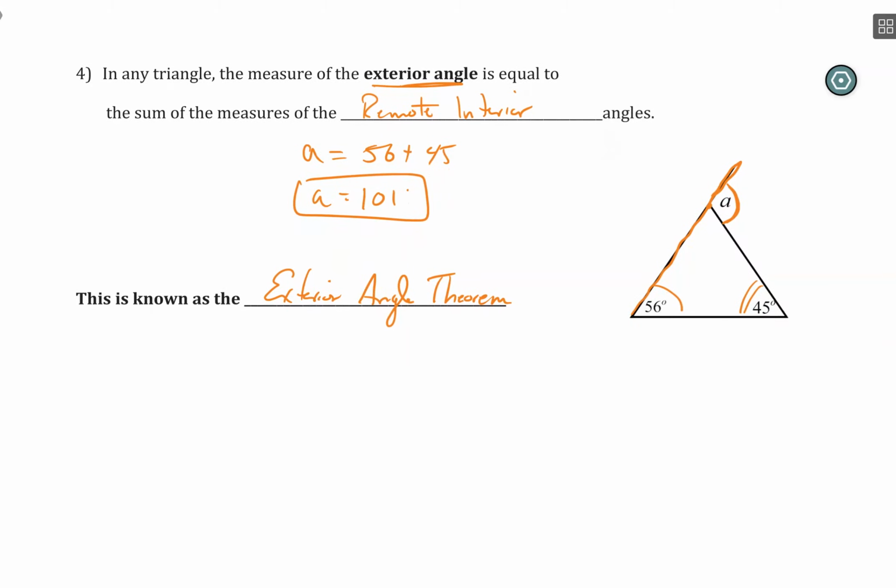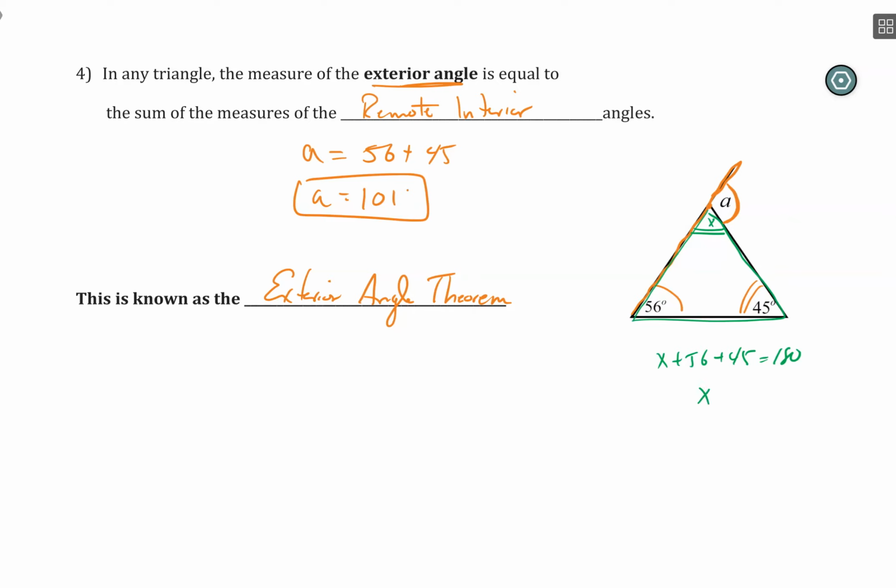Now, the one good thing is if you didn't know that or you forgot it, you can still get there. Because we could figure out this angle right here, this other third angle. 56 plus 45 plus this missing angle, I'll call it x here, would give me the three angles in a triangle, and we know they have to add up to 180. So it would be x plus 56 plus 45 all equals 180.